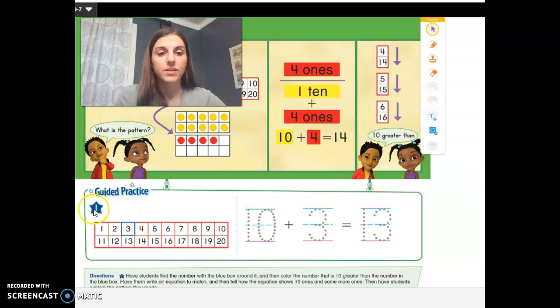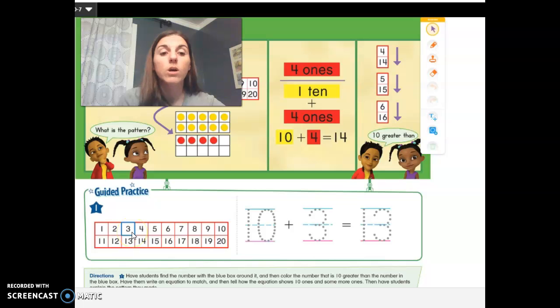So if you look down here, this is like a chunk from our hundreds chart taken out. We have 1 all the way to 20. So it's the first 20 numbers in our hundreds chart. And what they want you to see and realize is that you can figure out these equations just by looking at these numbers. Okay, so we found this number right here. This is the number we used on the page before. That's the number 3.